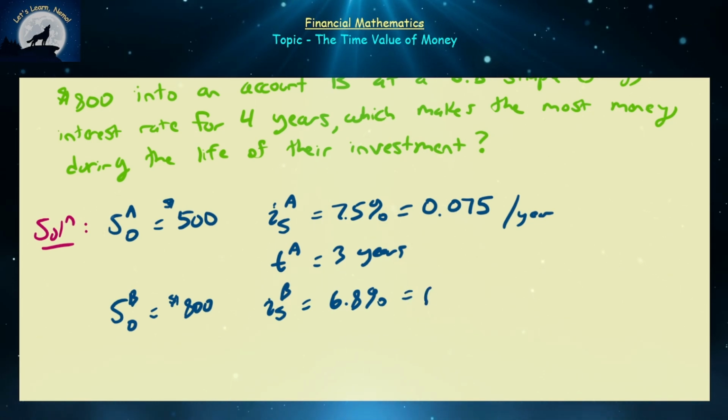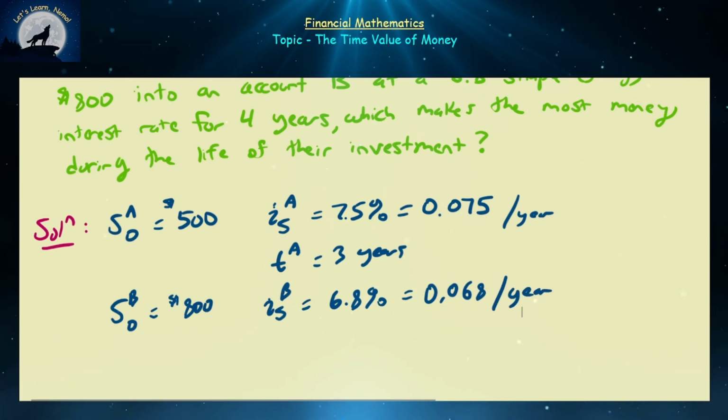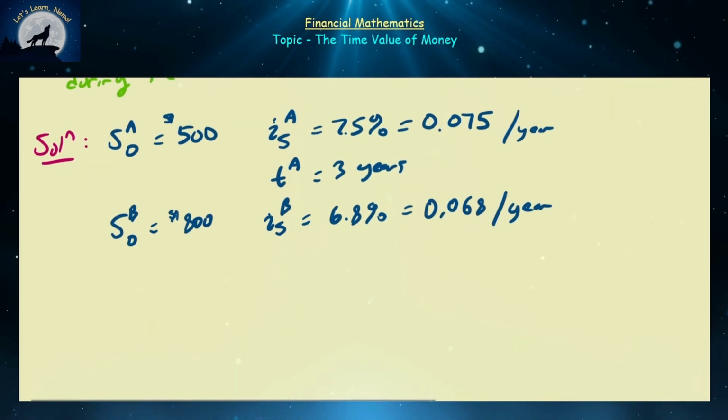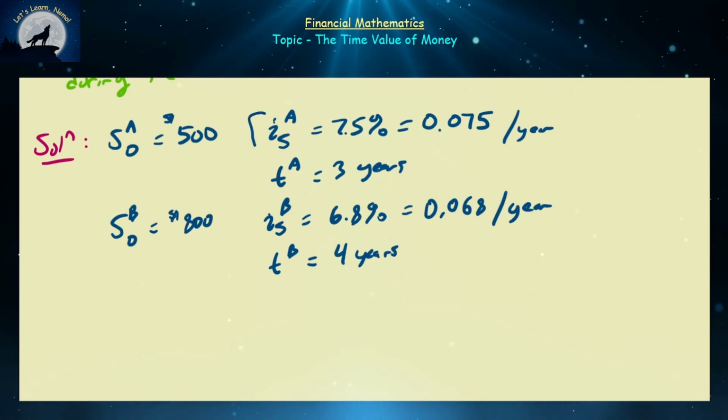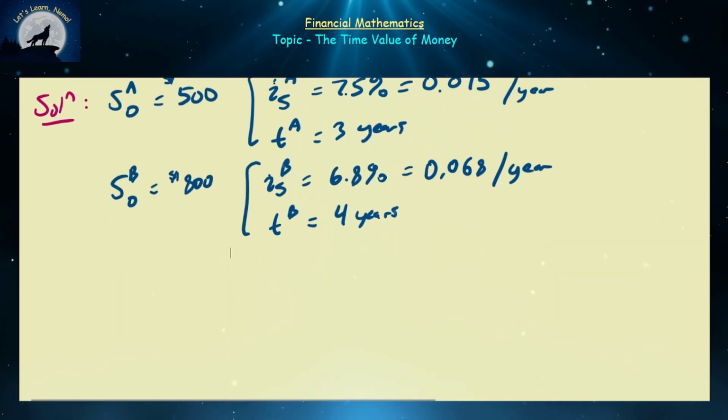Keep in mind 6.8% is 0.068, and that was a yearly interest rate. And we were keeping our money in account B for 4 years instead of 3. Right? So which one will return the most money when those times, t_A and t_B, expire? So 3 years and 4 years, respectively.